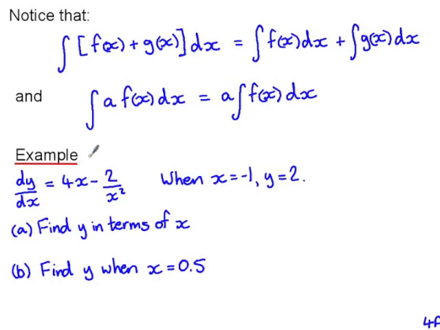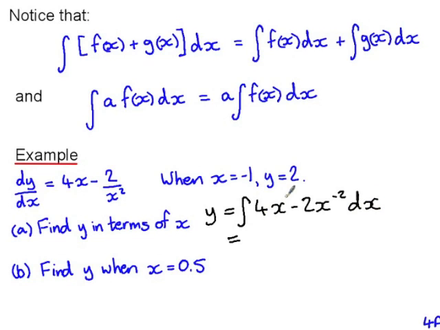One final example which will enable us to find the value of c and then go on to solve a further problem. So in this example we're given the derivative of a function of x. Firstly, we want to find y in terms of x, which means we need to antidifferentiate. y is going to be the antiderivative of 4x take 2x to the negative 2 with respect to x.